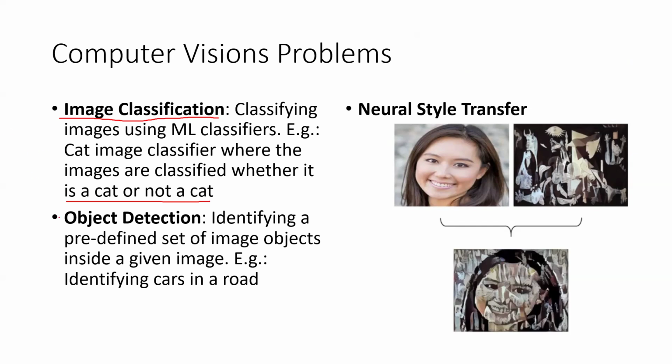And there is another type of computer vision problem known as object detection, where you are given an image of a road, for example, in a self-driving car example, right? You find that you have this road on which your car is running, and there is a crossing line, yellow lines or white lines or whatever.